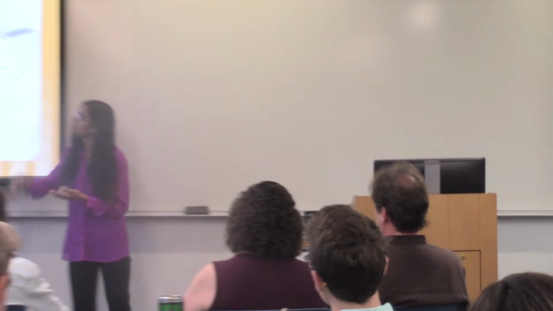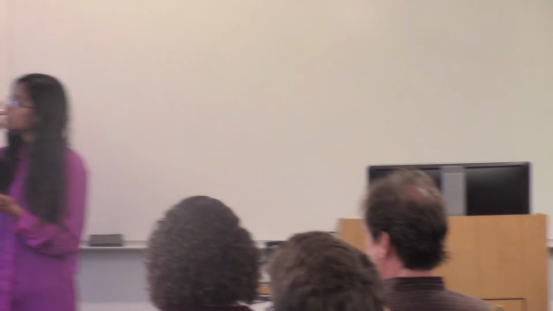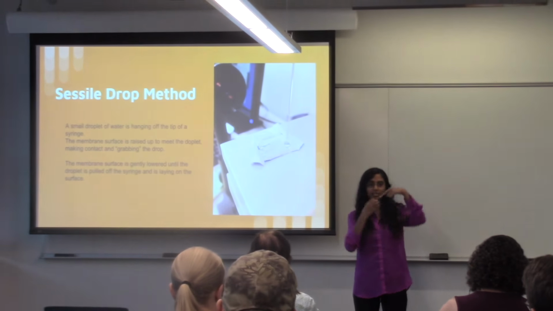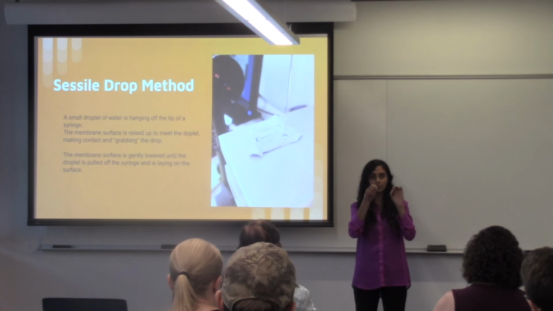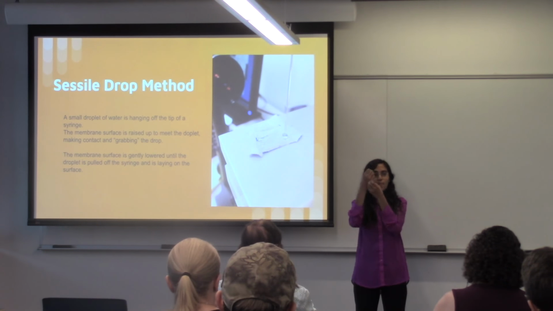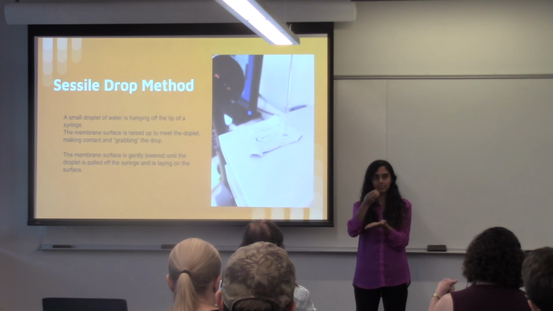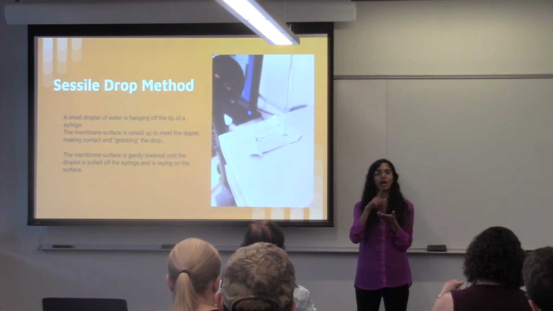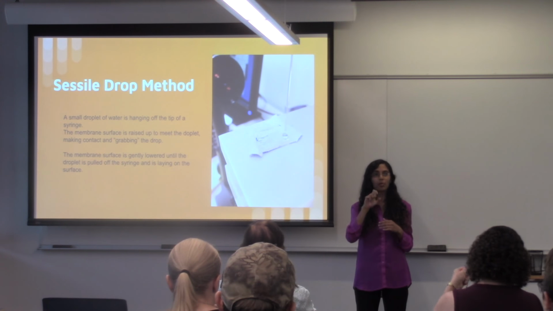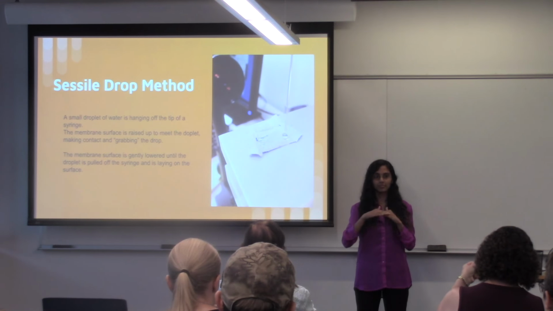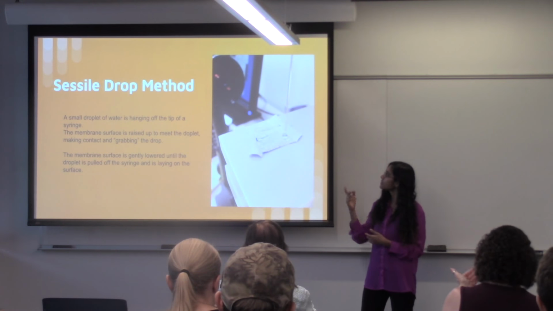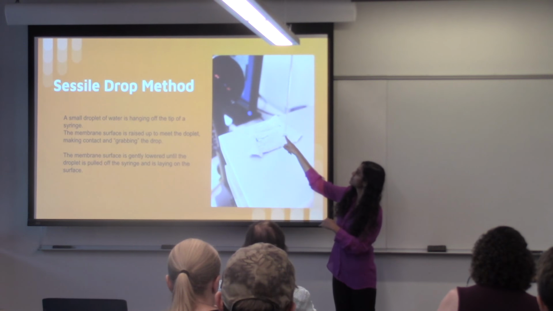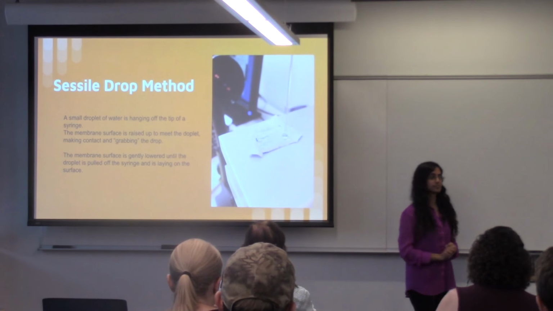First of all, we want to make sure our surface is very clean and very flat. So we have the syringe above, and there's a droplet of water hanging from the syringe. We lift the platform with the membrane on it, and it makes contact and grabs that drop of water, separates it from the syringe and onto the membrane as we lower the platform. As you can see here.